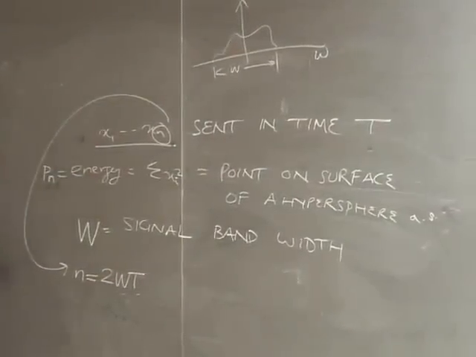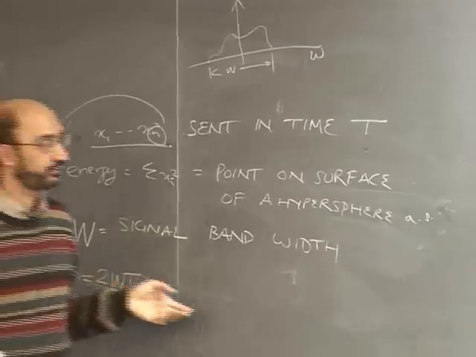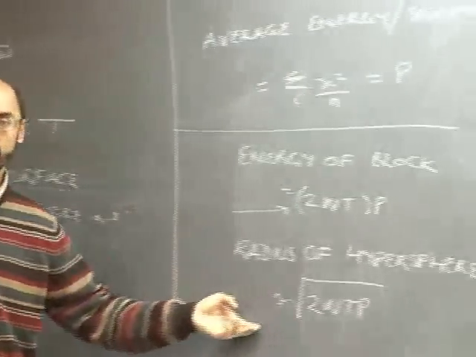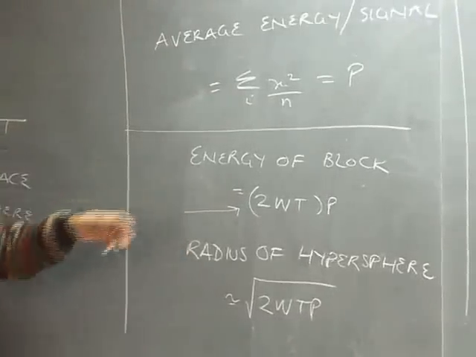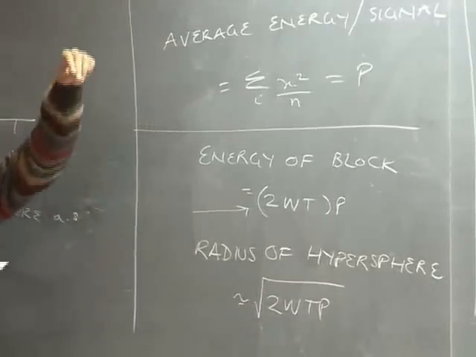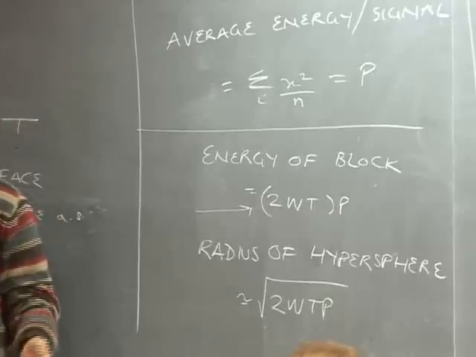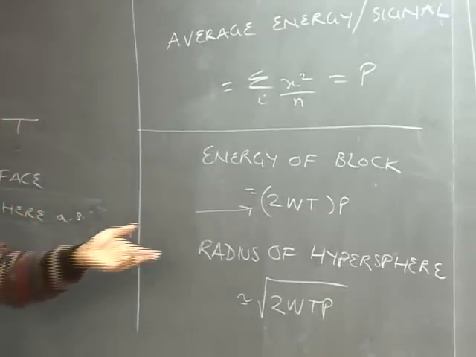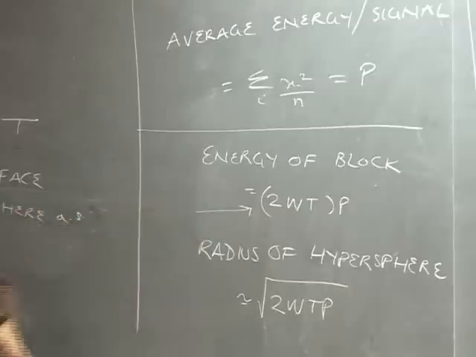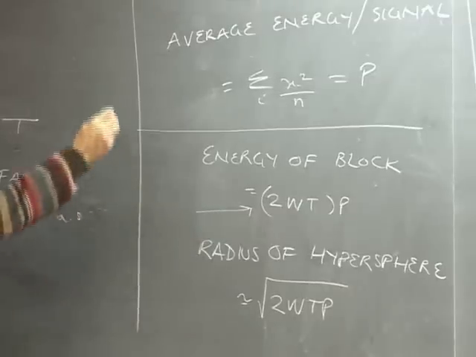If it's on the surface, what's the radius? Well, the radius is going to be the square root of this, because this is basically sigma xi squared. It's a point on the surface, right? So the distance of this point from 0 is the radius, and that's nothing more than the square root of sigma xi squared.